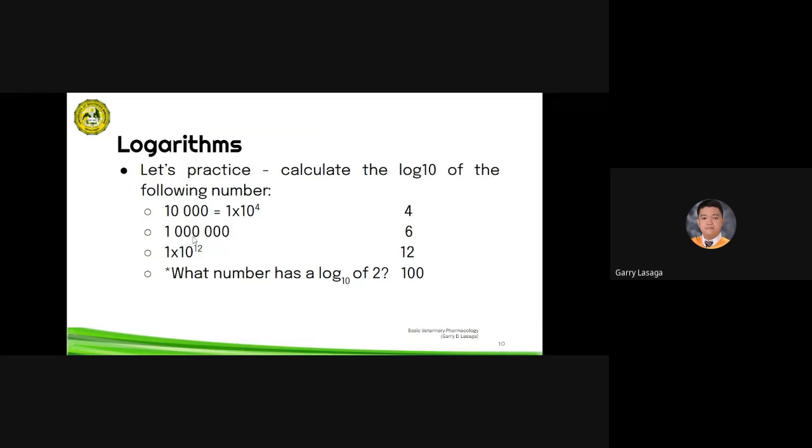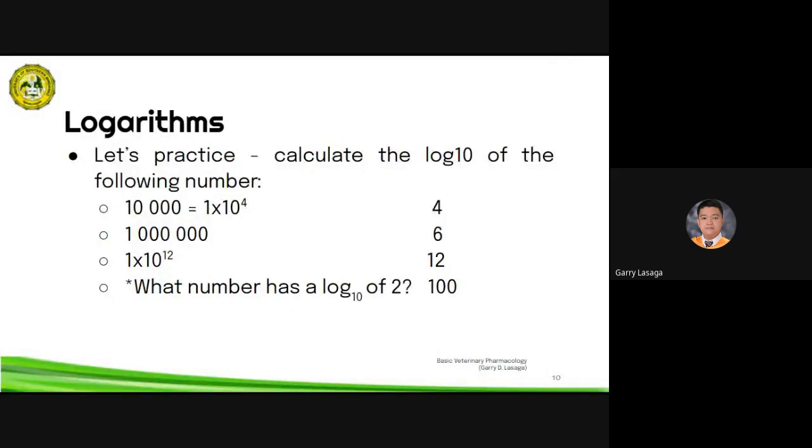For 1 million, the log base 10 of 1 million is 6, meaning that we need to multiply 10 times 10 times 10 times 10 times 10 times 10. So that is 6 times in order to come up with 1 million. For 1 trillion, our log base 10 of 1 trillion is 12, meaning that we need to multiply the base 10, 12 times in order to get 1 trillion.